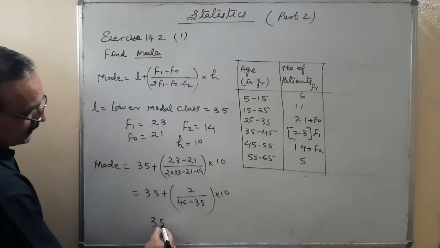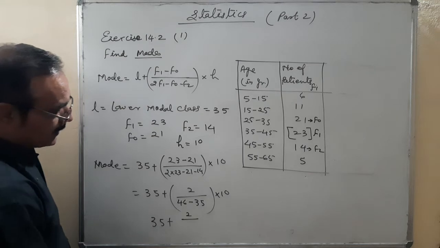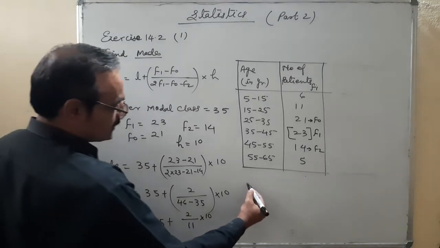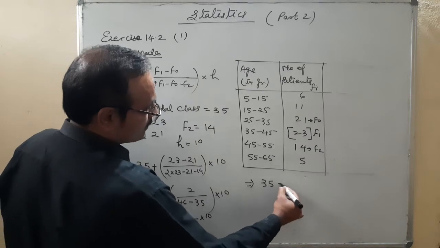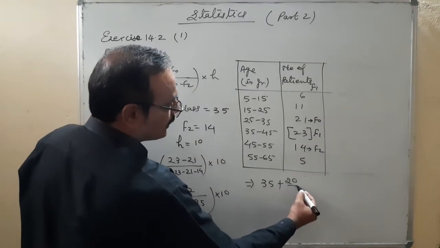So 35 plus 2 upon 46 minus 35, which is 11, multiplied by 10. That means it is 35 plus 20 upon 11.